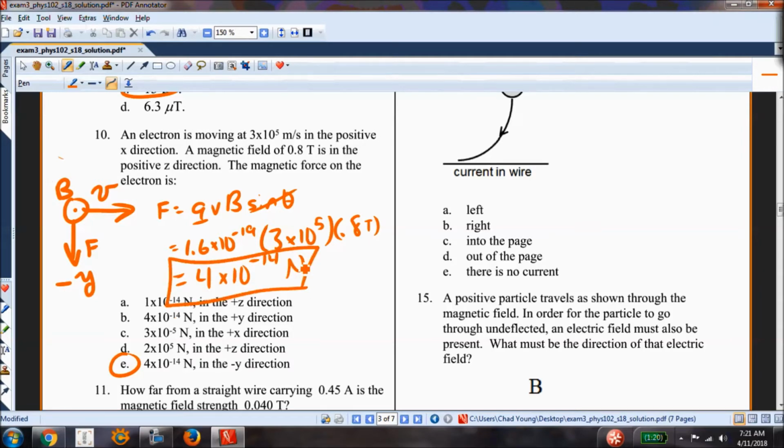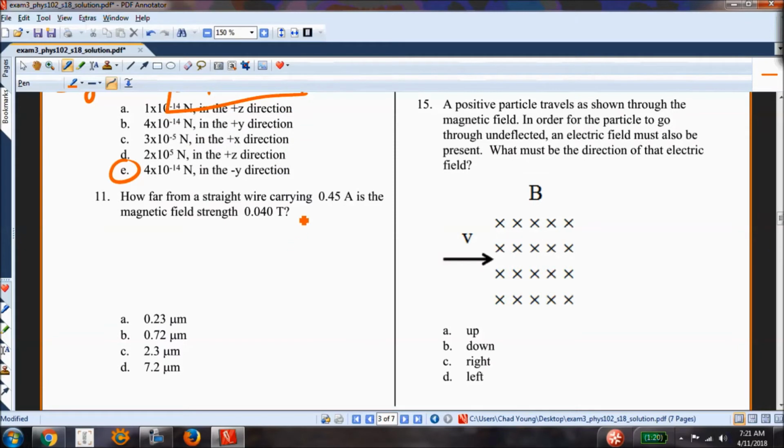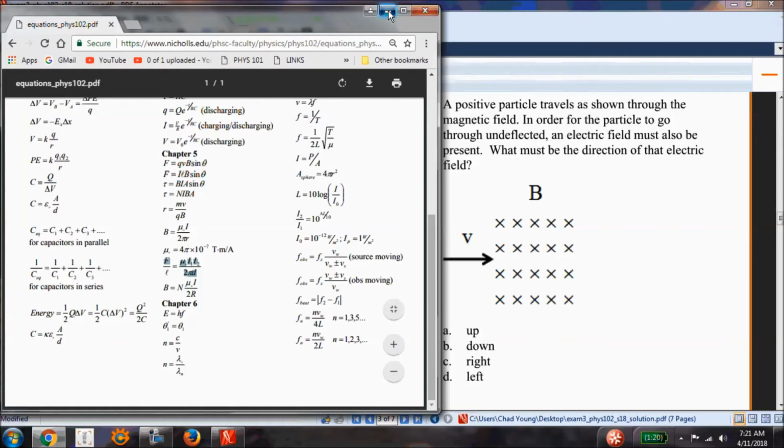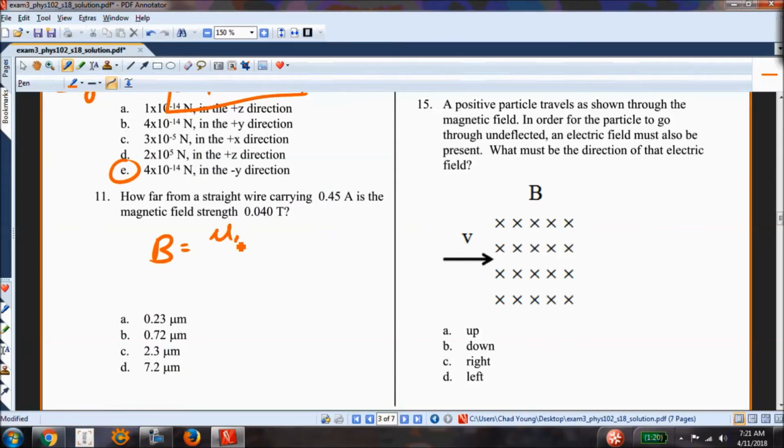So it is E. How far from a straight wire carrying 0.45 amps is the magnetic field strength 0.040 Tesla? If I go back to my equation sheet, our magnetic field is going to be B equal to mu naught I over 2 pi r. And I'm looking here for r, the distance from that wire.